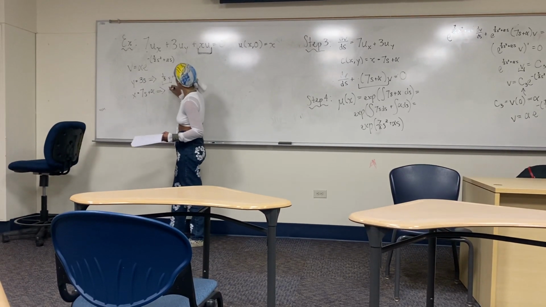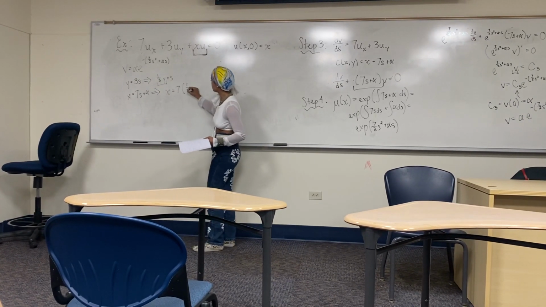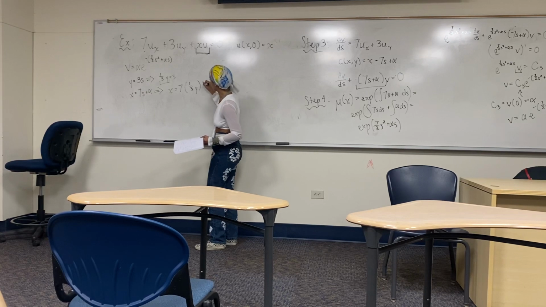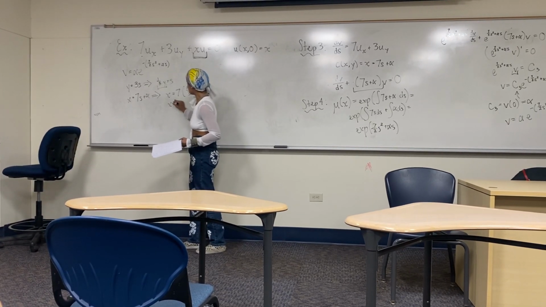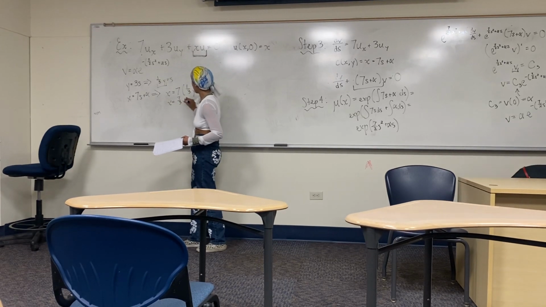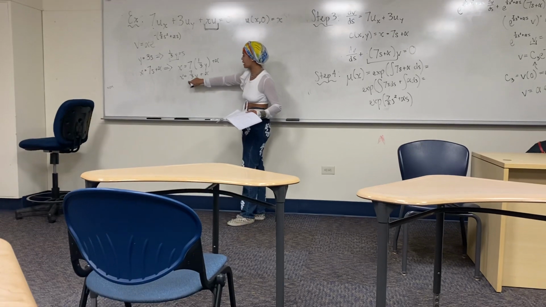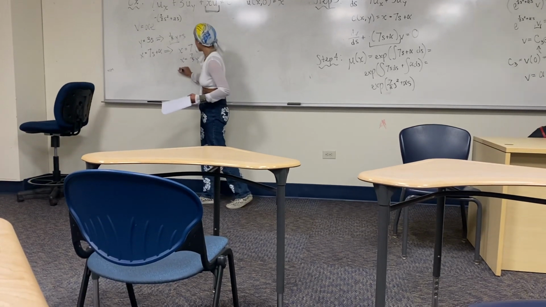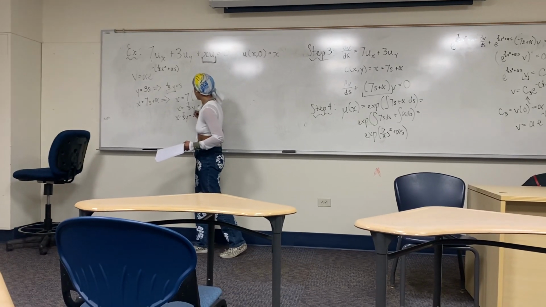So that just ends up being x equals 7 times 1/3 y plus alpha. So x equals 7/3 y plus alpha. And then we subtract that 7/3 y to the other side. So x minus 7/3 y equals alpha.